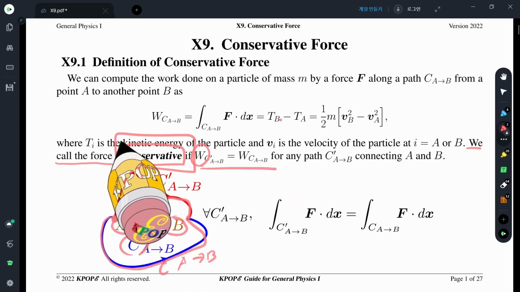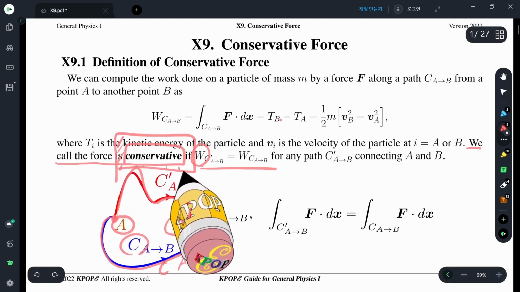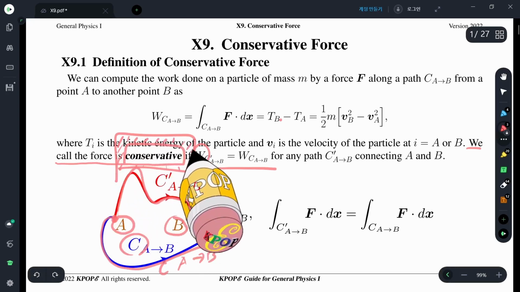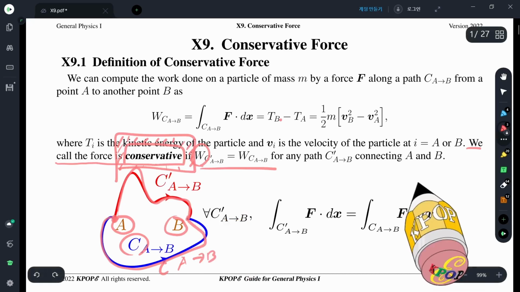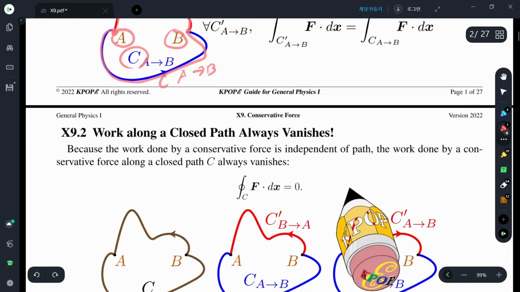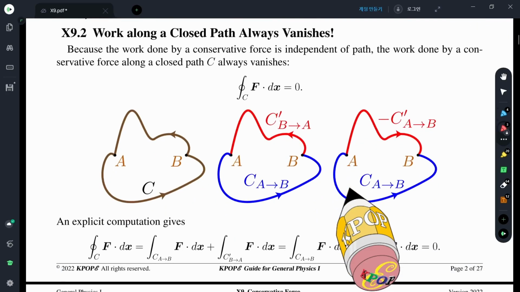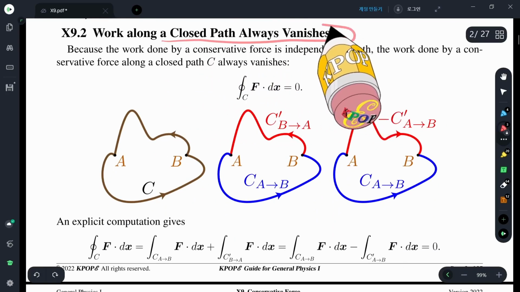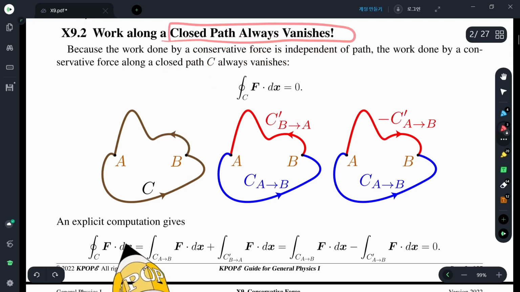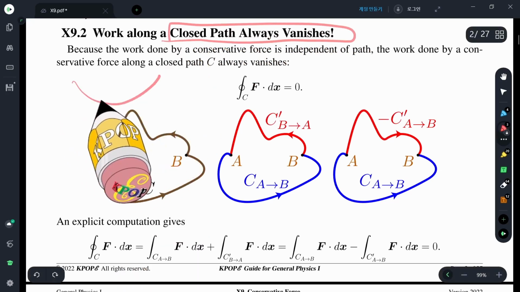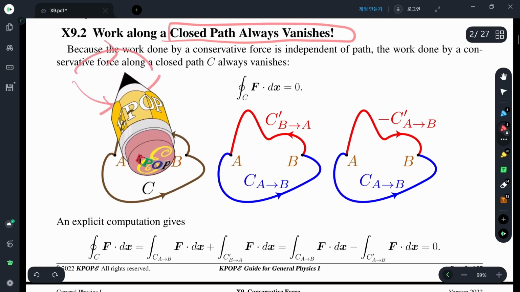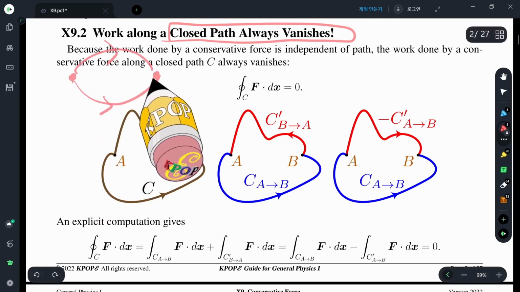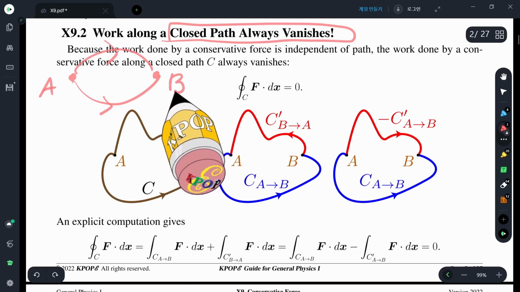But the reason why we use the conservative is that the total mechanical energy is conserved. Work along a closed path always vanishes. These two paths are different, however, the initial and final positions are the same.